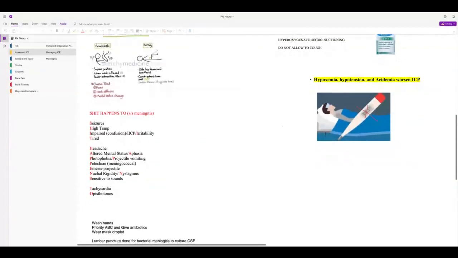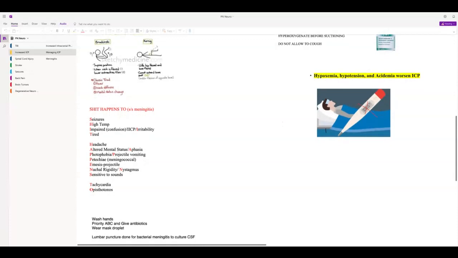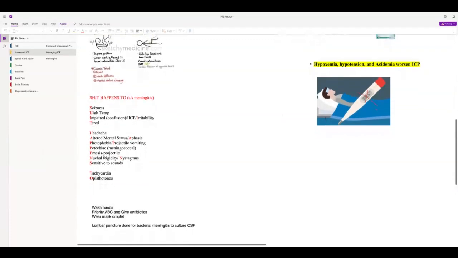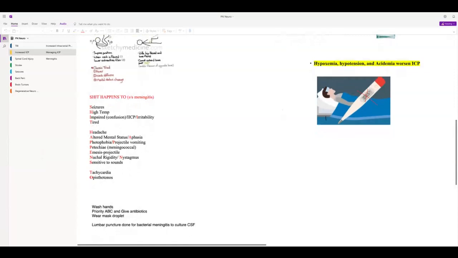They'll be tired, have a headache, altered mental status or aphasia, photophobia, projectile vomiting, especially in kids, petechiae if it's bacterial, like a petechial rash across their chest. Emesis, so that's projectile vomiting. The nuchal rigidity and nystagmus. So remember, nystagmus is the involuntary movement.